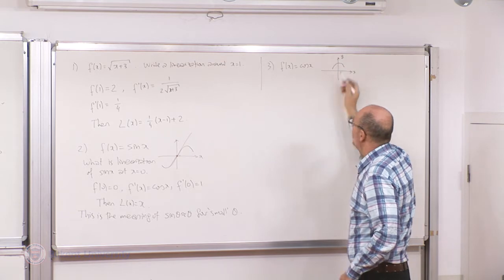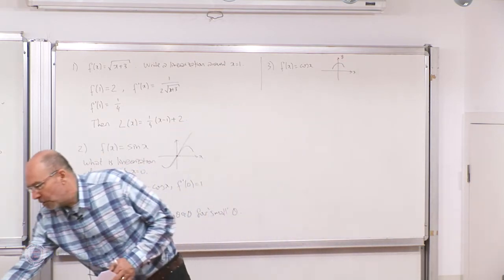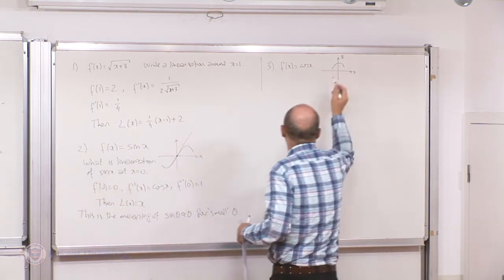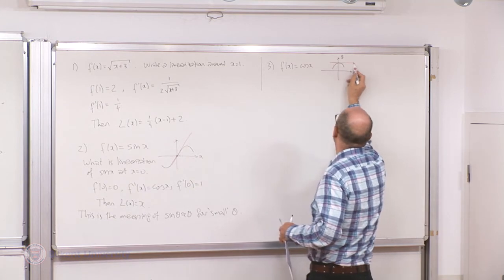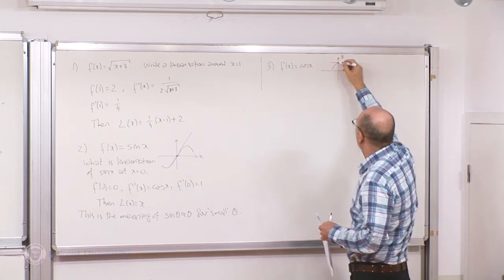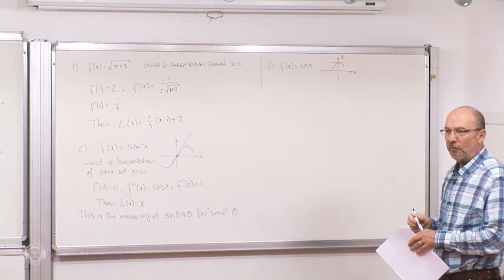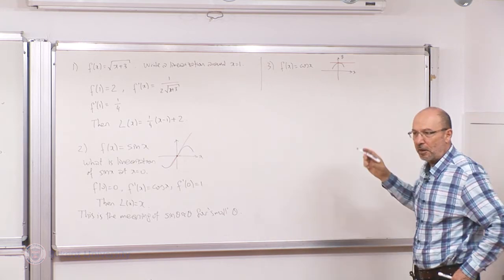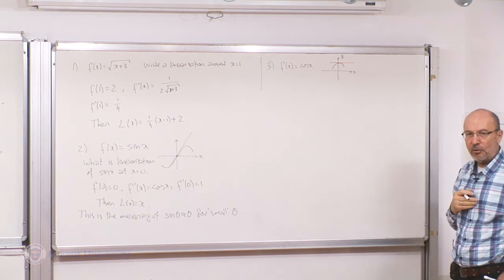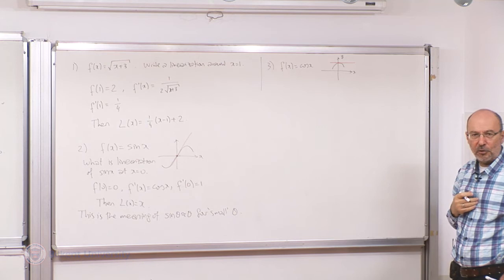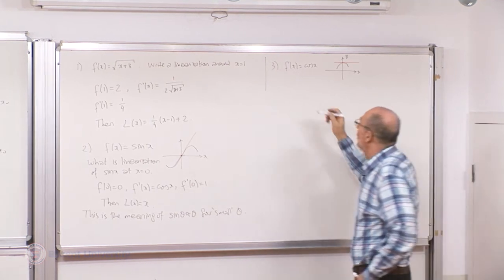At this point, the tangent is horizontal. So this is the tangent line at this point 1. So we expect the linearization to be L of x equals 1. The straight line y equals 1 is a tangent line to the curve, so it approximates the curve.